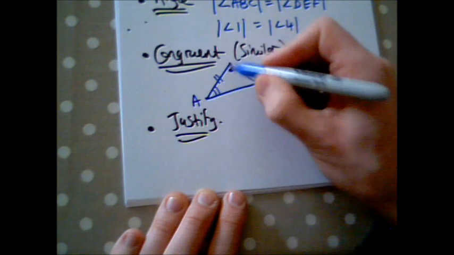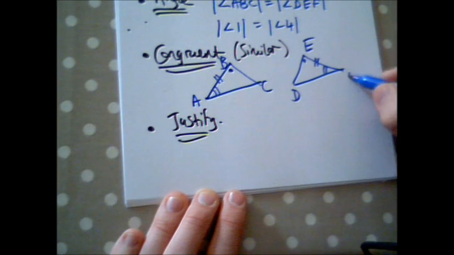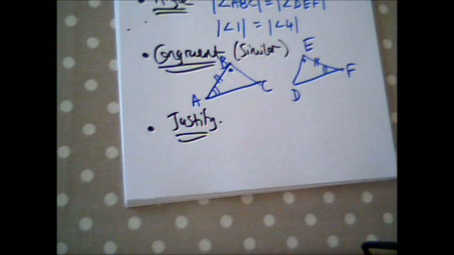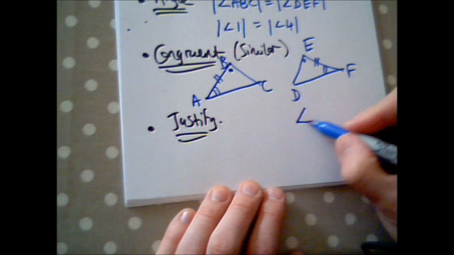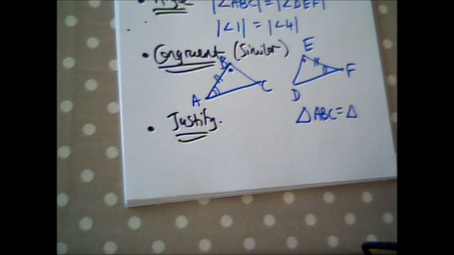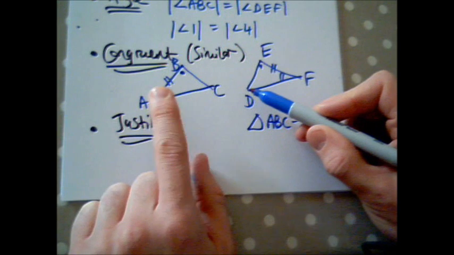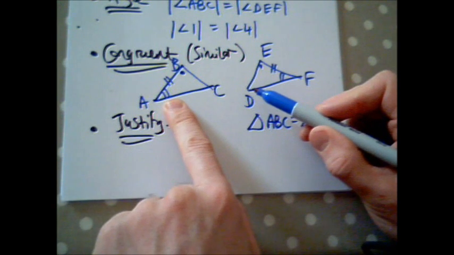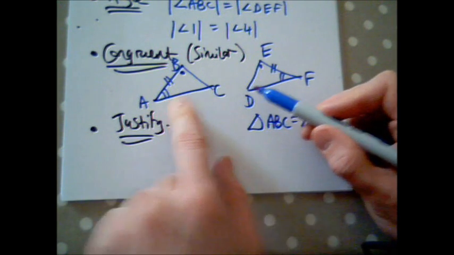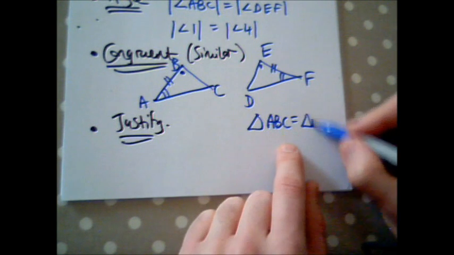So if this is A, B, C, and this is D, E, F, we don't say that the triangle ABC is equal to the triangle DEF. The reason we don't is that the A here doesn't correspond to the D here. The A here is next to that double circle angle. Well, it corresponds to the point F over here. So A corresponds to F.